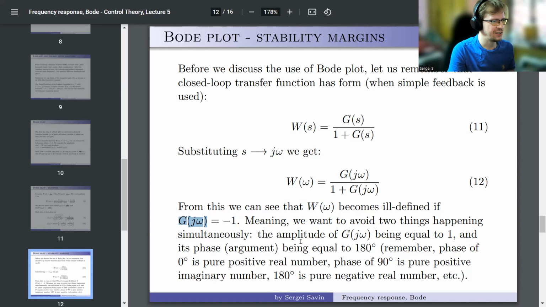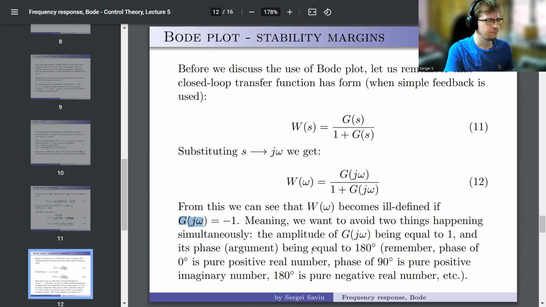Another possibility is that when we represent it in polar coordinates, it is equal to 1 in terms of length, as in the length of this number is 1, and the phase, so the angle, is -180 degrees.